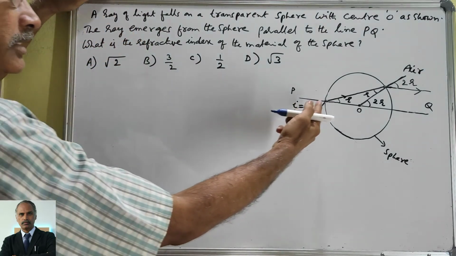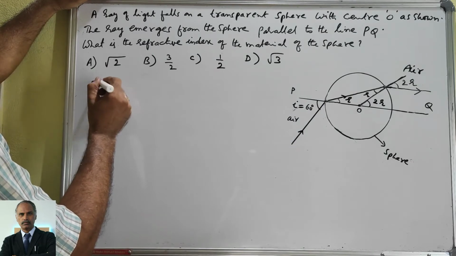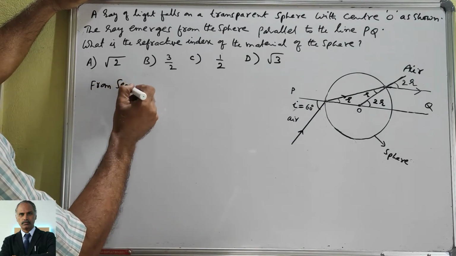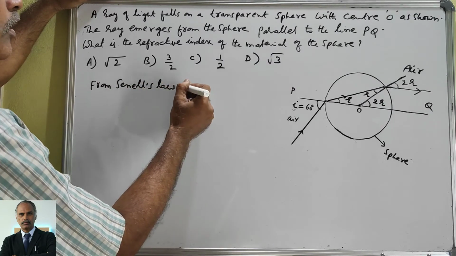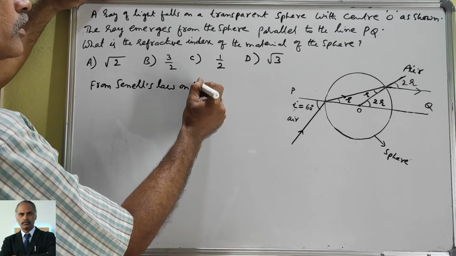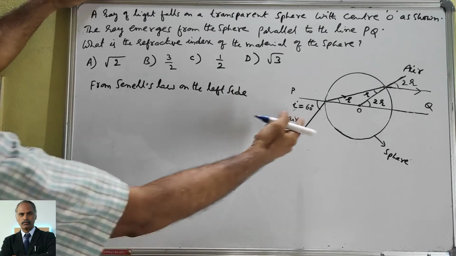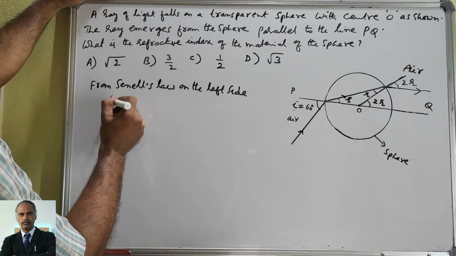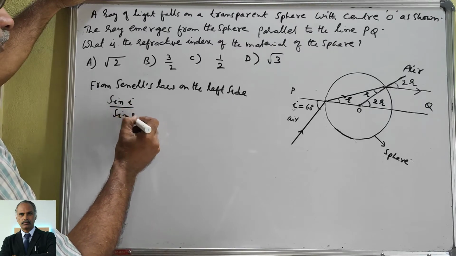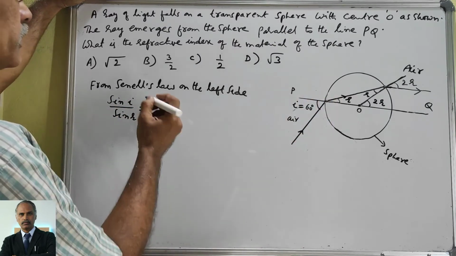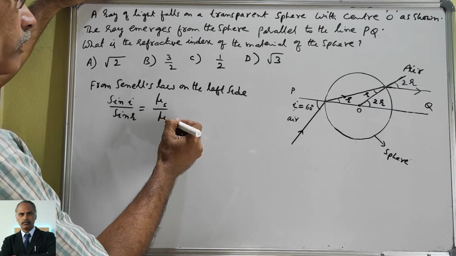So by applying Snell's law on the left side, sin I by sin R gives the refractive index of the sphere with respect to air.